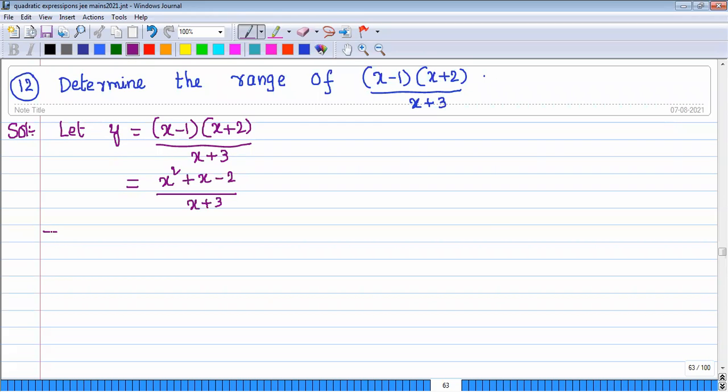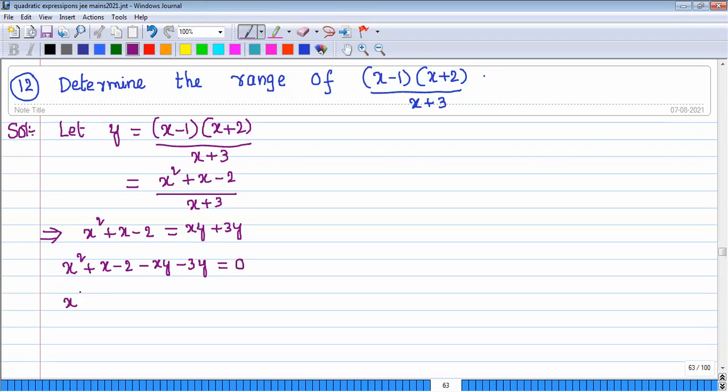Now after cross multiplication, we get x square plus x minus 2 equals xy plus 3y. Bring xy plus 3y to the left hand side: x square plus x minus 2 minus xy minus 3y equals 0.